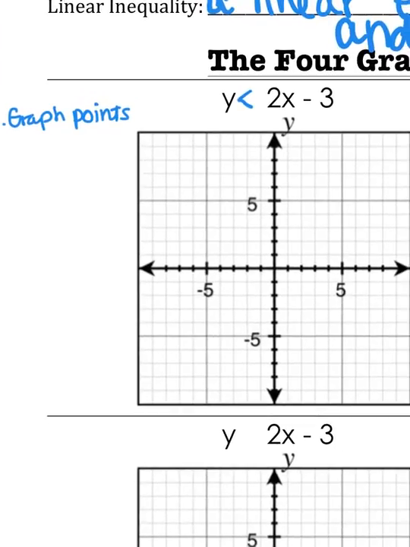So I'm going to start at -3 and then go up 2 over 1, up 2 over 1, up 2 over 1, and so on. And I like for these to fill most of the graph. It's just easier to connect them.